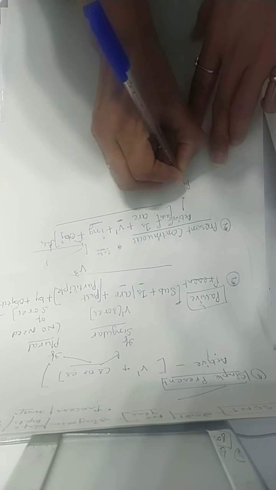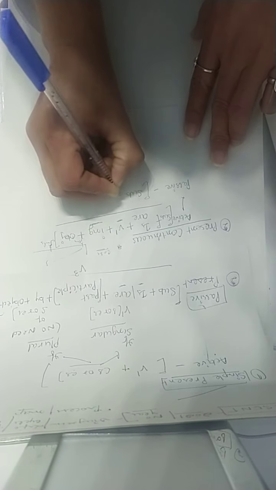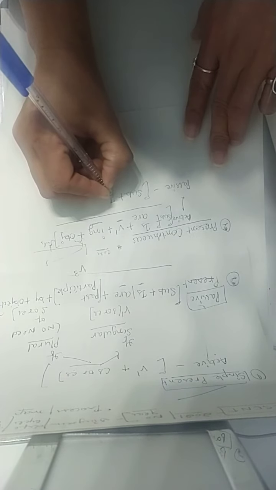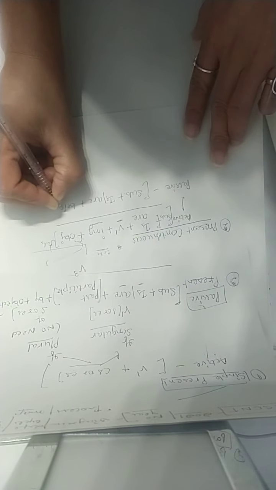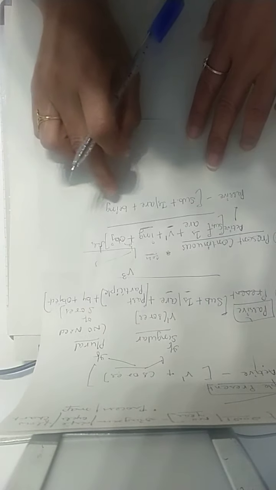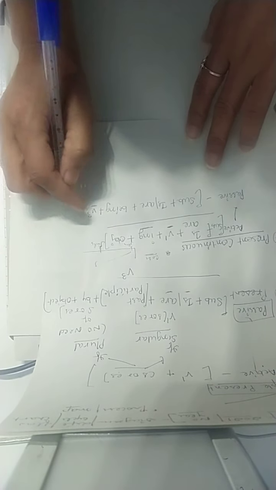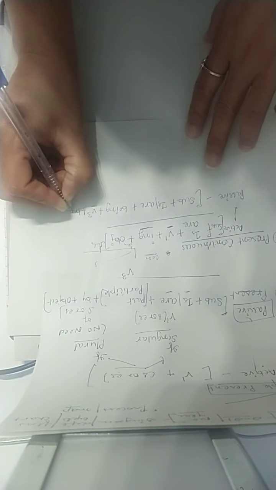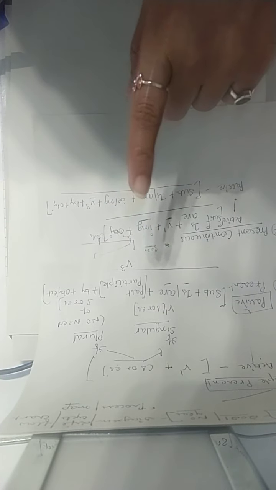And if you are using the passive connotation, then you apply the subject, is or are, then being, and then the past participle, that is the third form, and then by and the object. So this formation you can use.